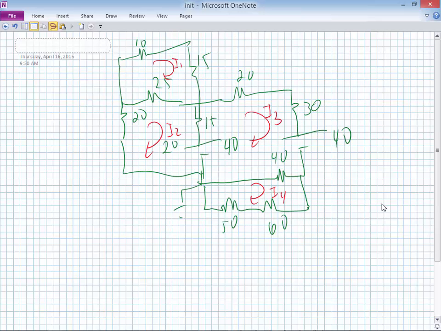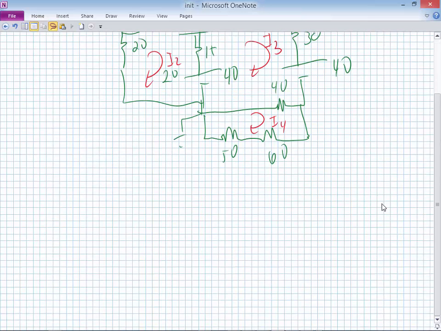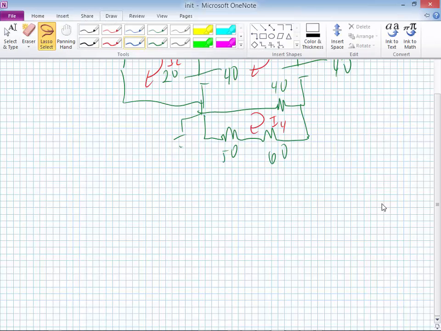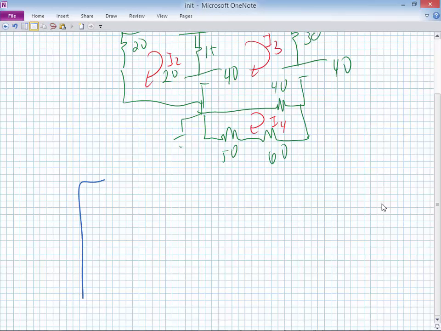So when I look at the matrix right here, what we know is this row is everything in loop 1, loop 2, loop 3, loop 4. Because when we write our equations, I write the equation times this column.